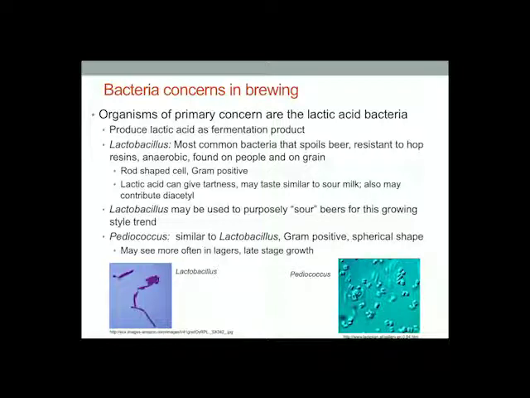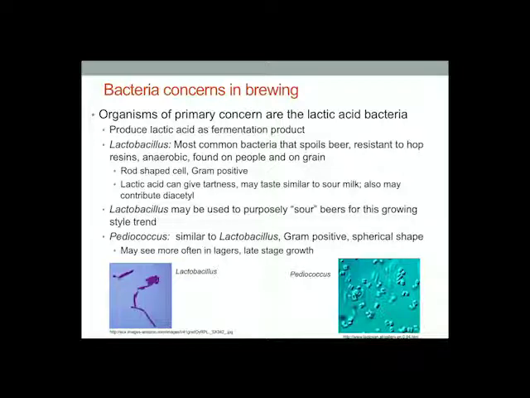This is the most common bacteria that can be found to spoil beer, and the attributes that allow it to do that are that it's resistant to the resins that come from hops that kill other bacteria, but Lactobacillus can tolerate those hop resins. Also, they can survive and proliferate in the anaerobic environment that fermenting wort or beer becomes.